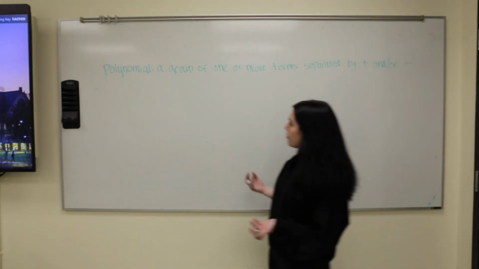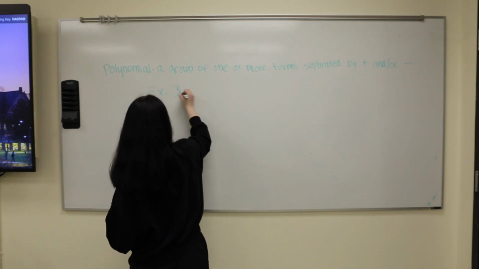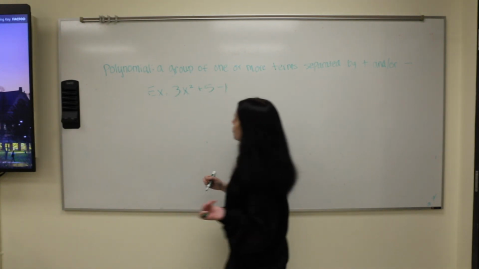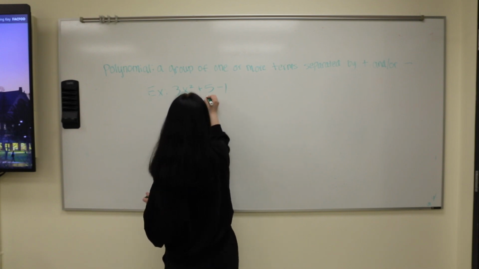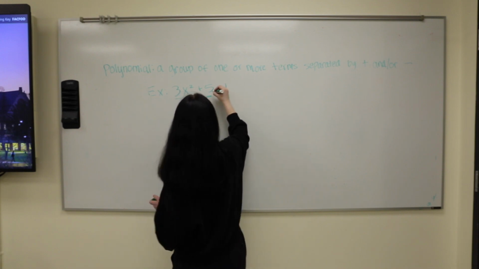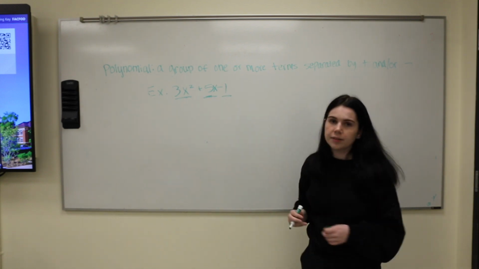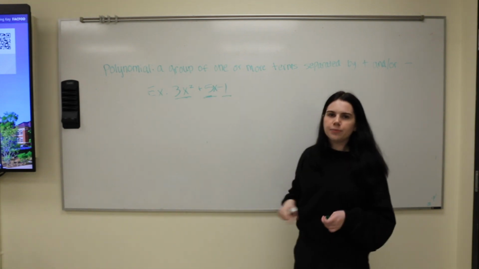So an example of a polynomial would be something like 3x squared plus 5x minus 1. So here we have a group of 3 terms, 3x squared, 5x, and 1. And they're separated by addition and subtraction signs.